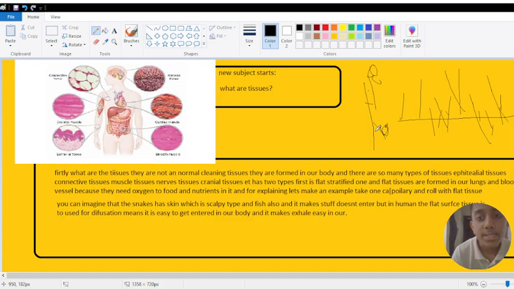The next one is nervous tissue, which is formed in our brain, at the top of the BBB, which means the blood brain barrier. Firstly, the nervous tissues are small types and made up of stratified tissue, which doesn't let things enter our body easily.